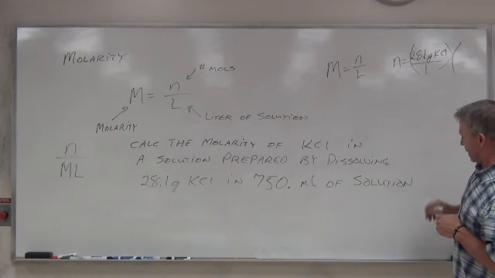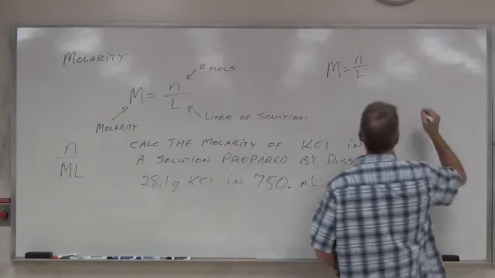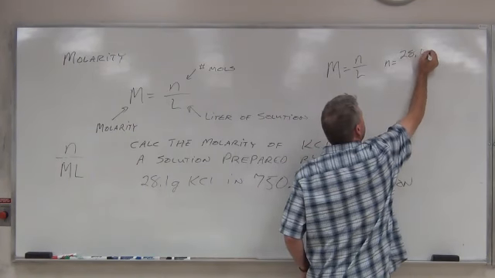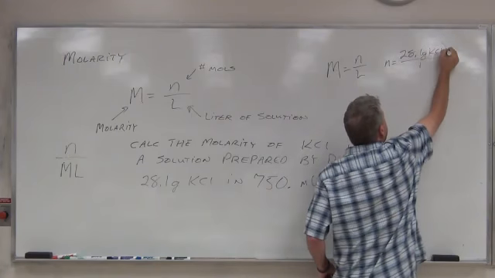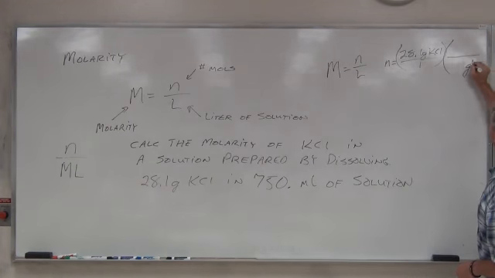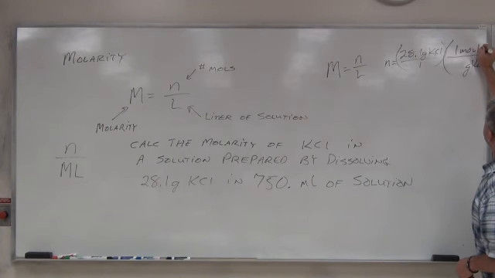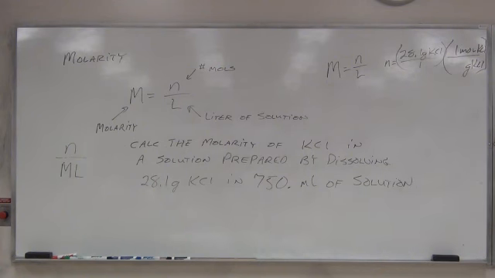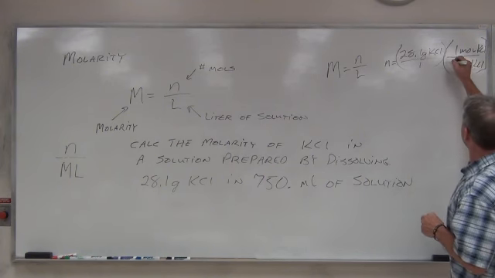How many grams per mole KCl? 74.55? Yeah, I'll go with that.